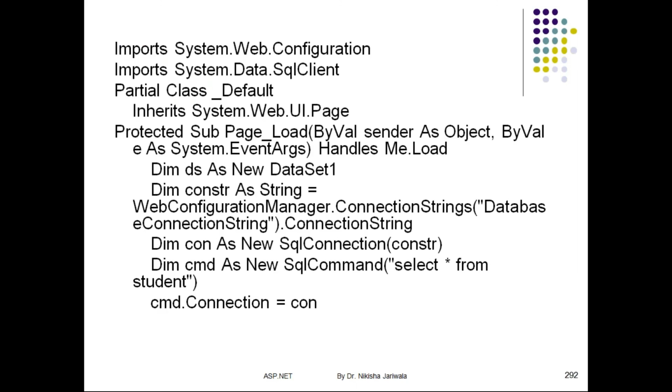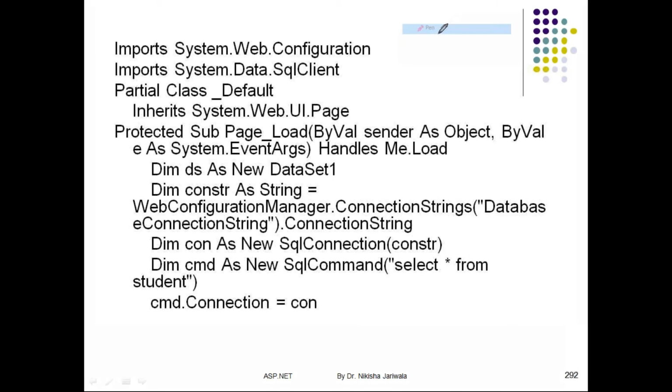But the most important part is that we are not using the typed dataset; we will create the object of the dataset whenever it is needed within our code. But this is a small example which I have written for the typed dataset, so we will see that.